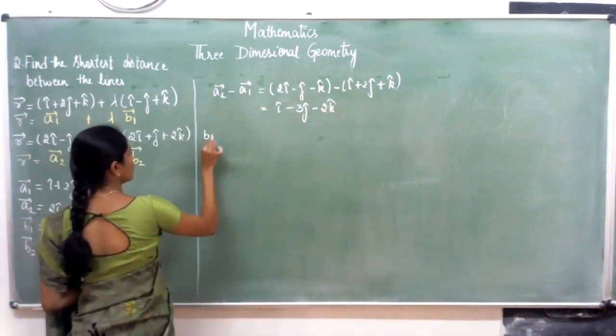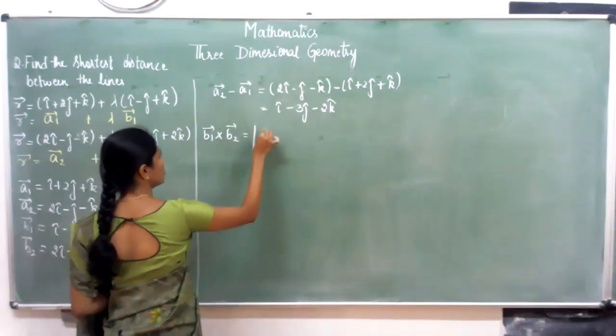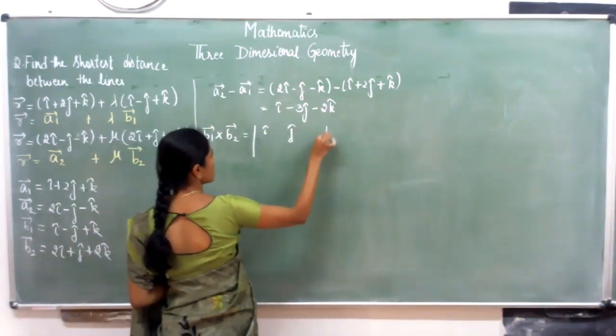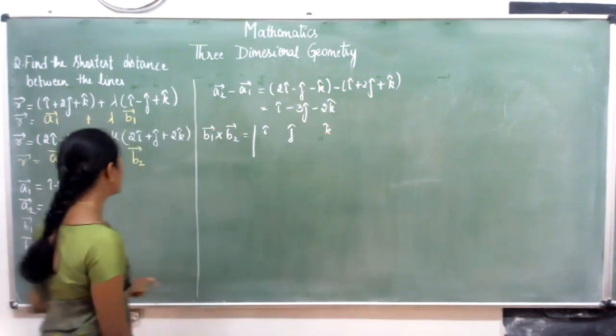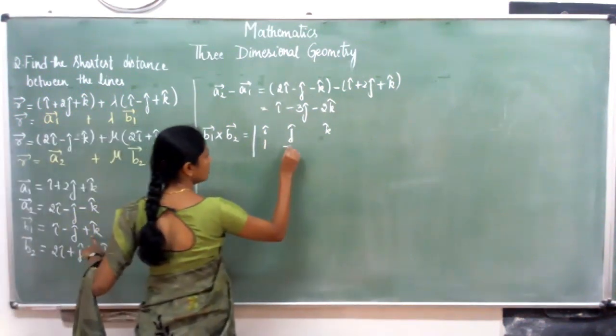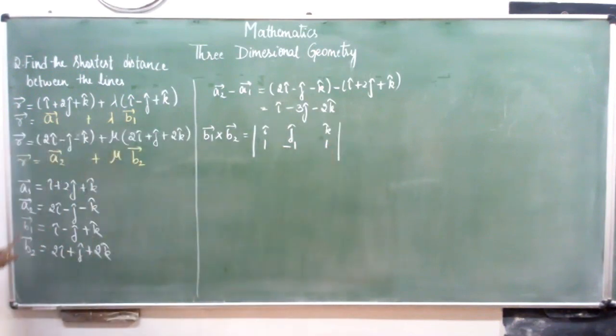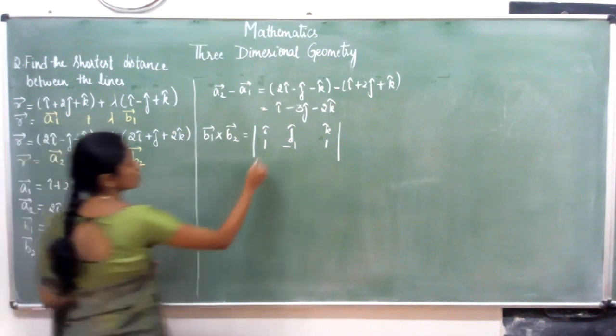Okay, next, finding vector b1 cross vector b2. So i, j, k in the first row. Next, the scalar components of vector b1, which are 1, minus 1 and 1. Next, the scalar components of vector b2, which are 2, 1 and 2.